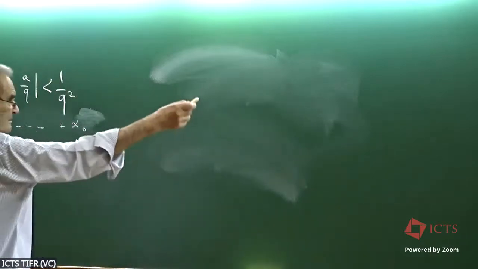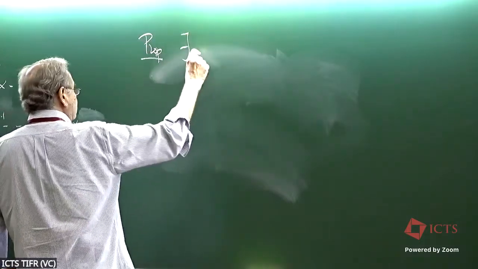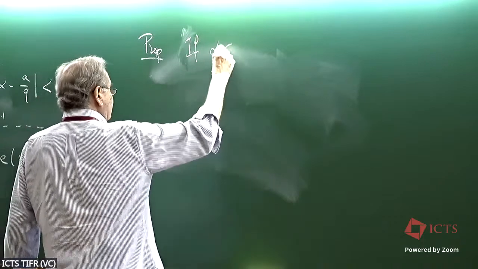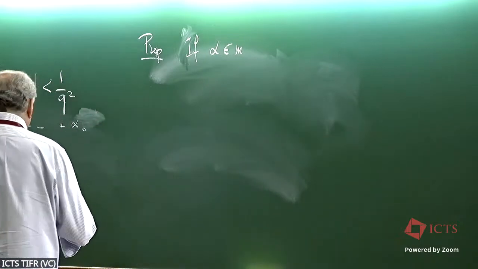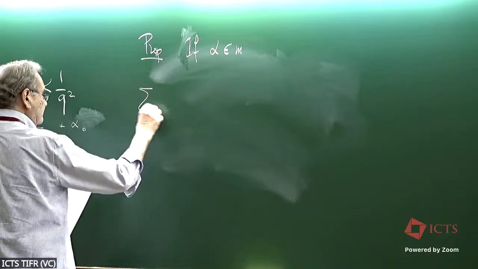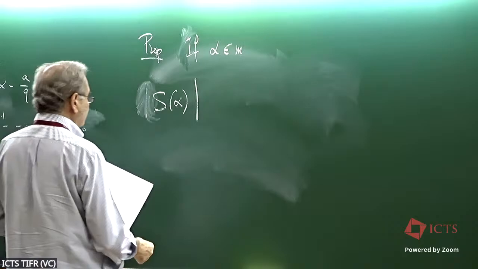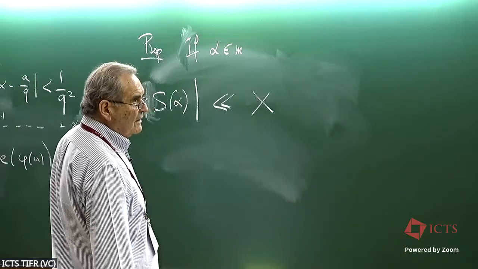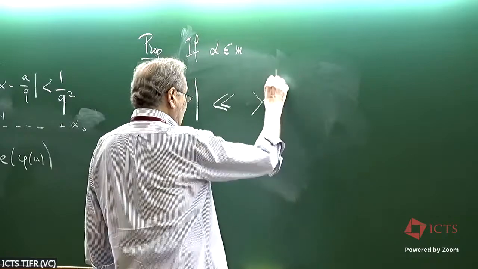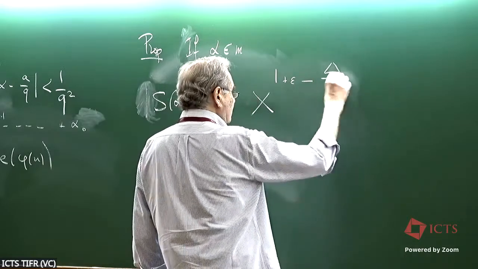So Weyl's inequality, it is written here. And what it tells you is that if alpha belongs to m, then there is some saving: S of alpha is something which will be less than x times a small saving, something like x to the 1 plus epsilon minus delta over 2 to the k.